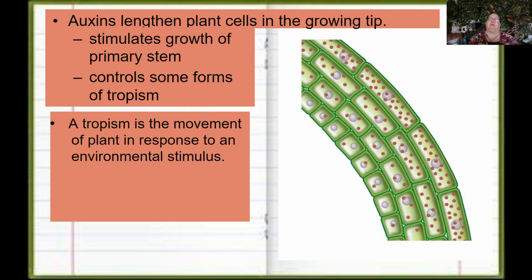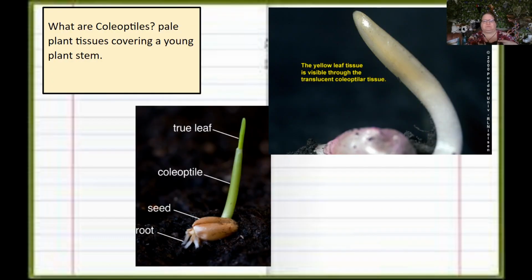So the primary stem, that primary growth getting taller. And it's going to be involved in how we see the plant responding, the tropisms. Tropisms are movements of plants in response to specific stimuli. For instance, phototropism or gravitropism, and you'll see this in the videos.